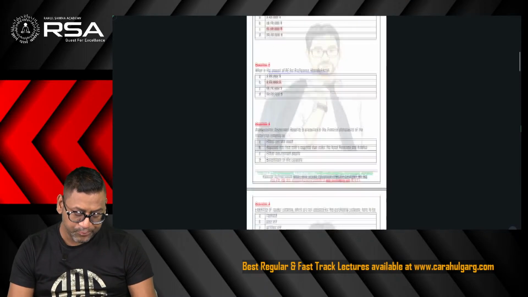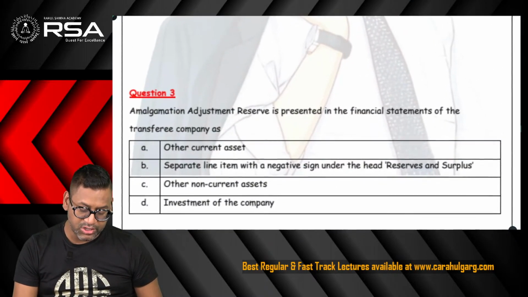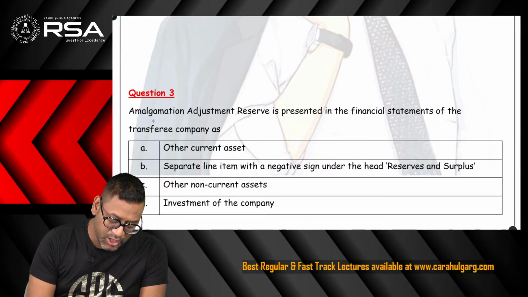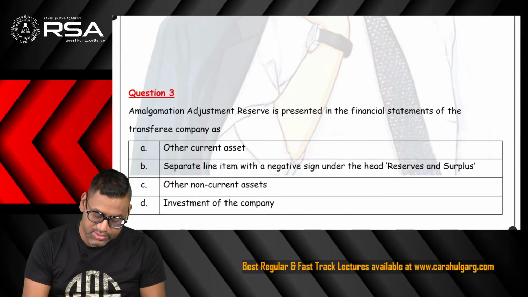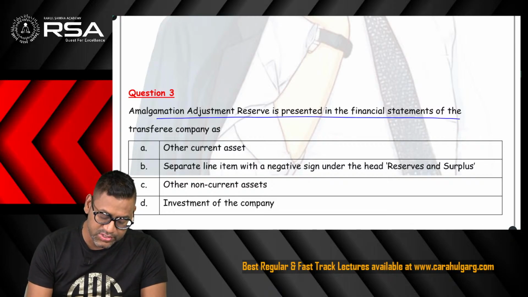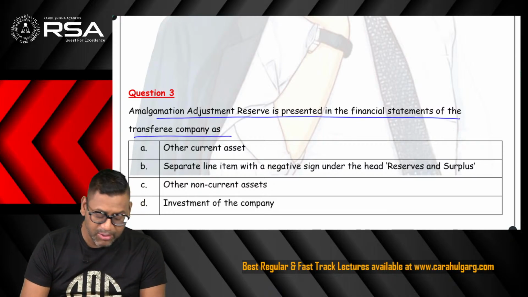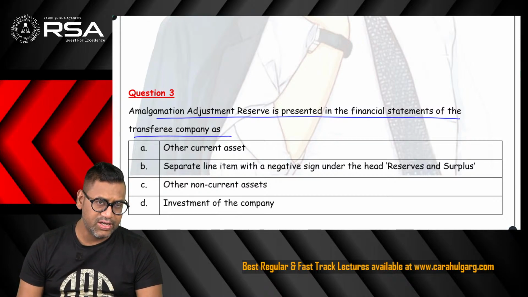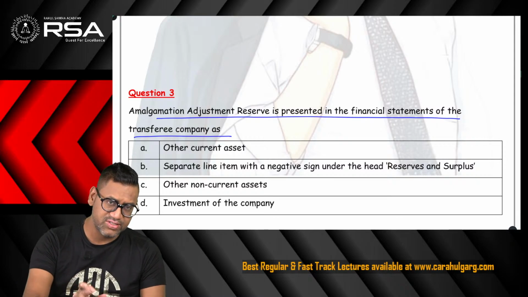Moving further to question number 3, again from the amalgamation chapter and AS 14. Amalgamation adjustment reserve is presented in the financial statements of the transferee company as. Amalgamation adjustment reserve is created when there is a statutory reserve and the amalgamation is in the nature of purchase.